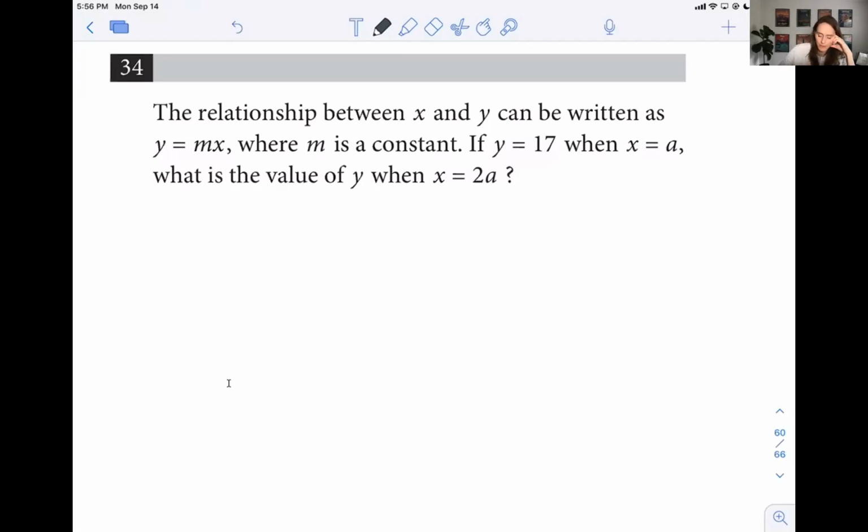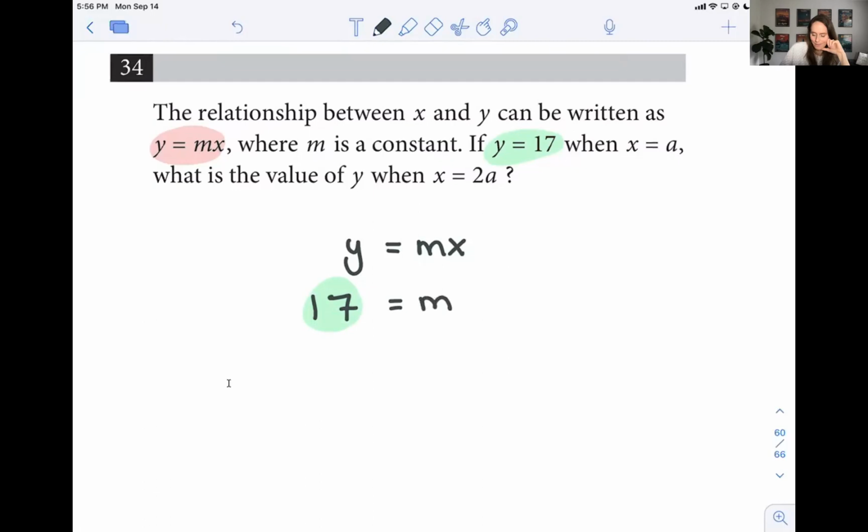So I'm going to start by just writing my given equation here. y equals mx, right? That's the first one they give us. And then they say if y equals 17, so I'm going to make my y 17, like so. So if y equals 17 when x equals a, let's plug that in.